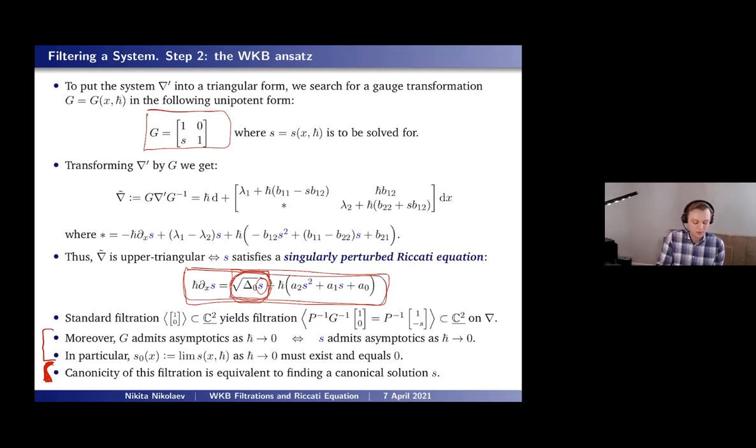And so now, going back to this idea of canonicity and being able to nail down my solution S uniquely, these 2 facts that I mentioned you could literally interpret as a kind of asymptotic initial value condition for my Riccati equation, and with appropriate assumptions that gives you existence and uniqueness of solutions.